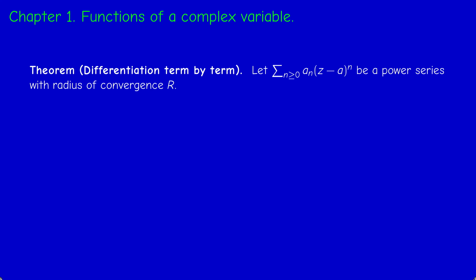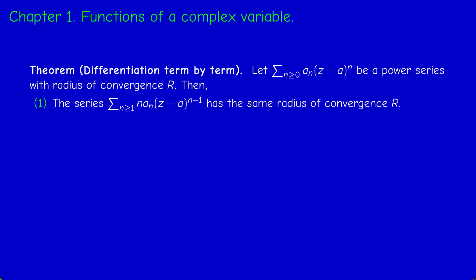Then the series obtained by differentiation term by term has the same radius of convergence R. So we can differentiate term by term a convergent power series. Now, if the series is divergent, we cannot usually differentiate term by term in the usual sense.